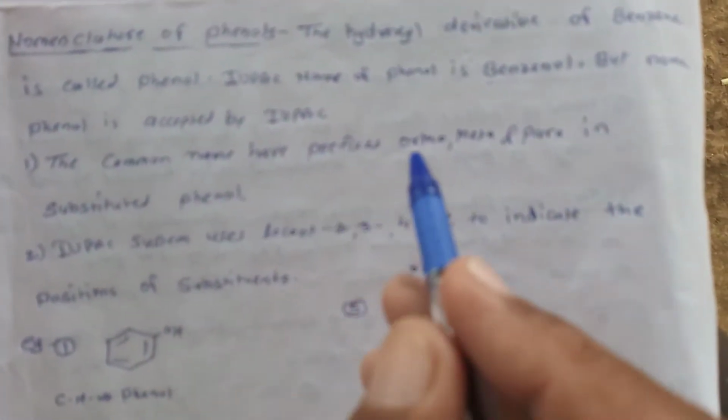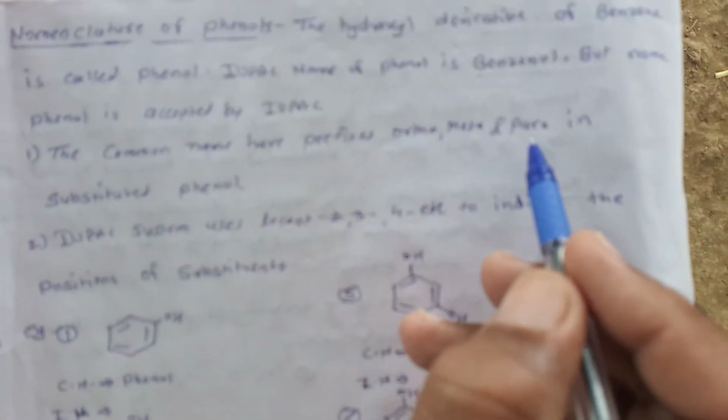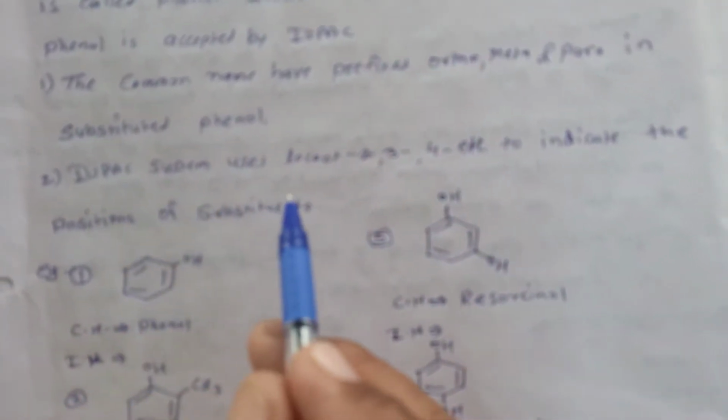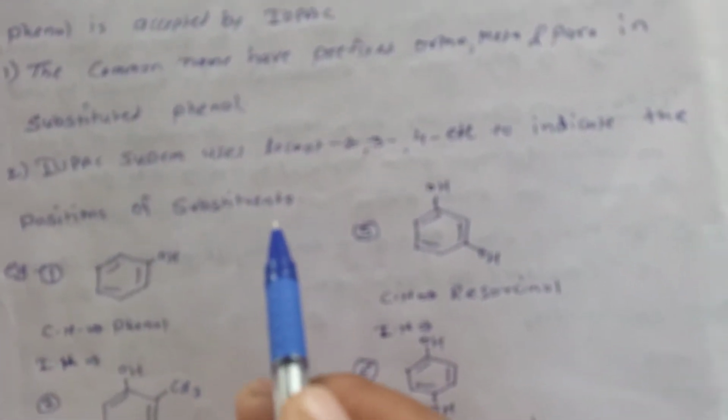In the common name system, for substituted phenols, the common names have prefixes like ortho, meta, and para. But in the IUPAC system, we use the locants 2, 3, 4, etc. to indicate the position of the substituents.